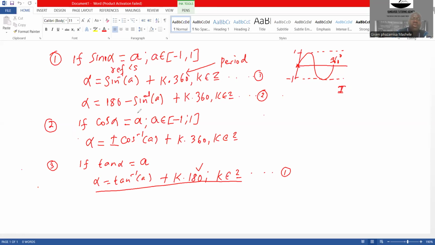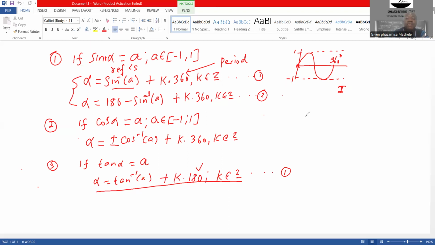But sine has two solutions: the first one, which is the reference angle, then 180 minus the reference. With cos, we allow plus and minus with a period of 360 degrees. Whereas tan alpha equals A has one solution. So these are the things that you need to know when you want to determine the general solutions.